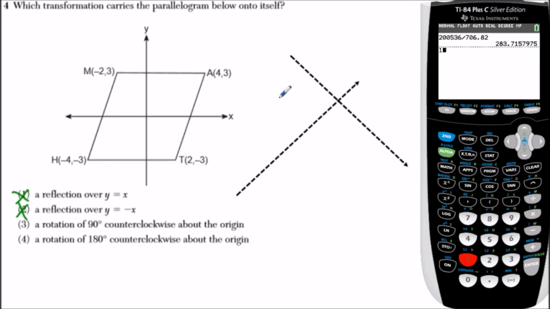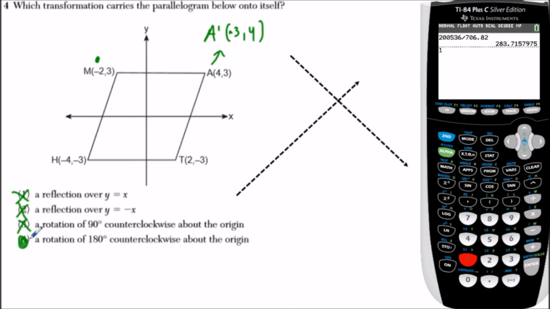To rule this one out, let's say we carry point A through a 90-degree rotation counterclockwise. This would send A to the point -3, 4. And negative 3, 4 is somewhere up here. Because see, the highest y value on this parallelogram is 3. So negative 3, 4 would be above the original parallelogram. So by process of elimination, this is choice 4.